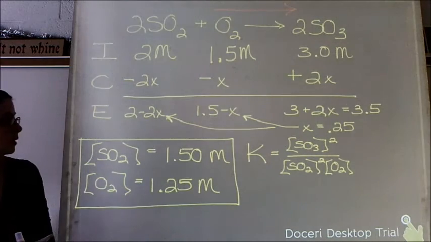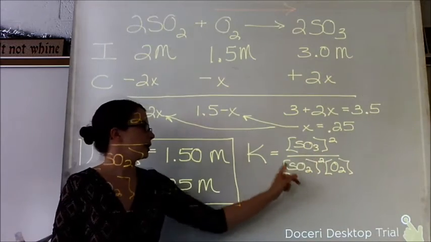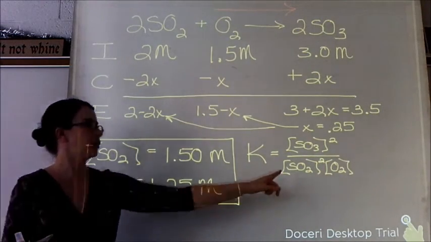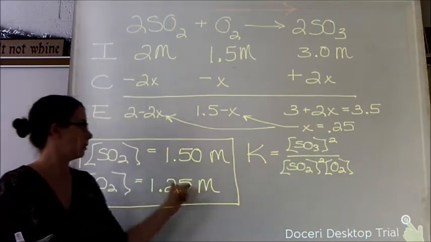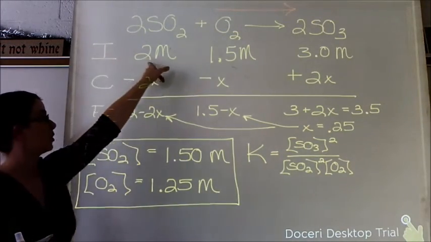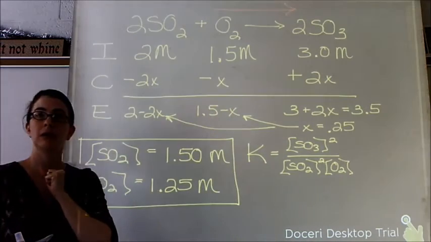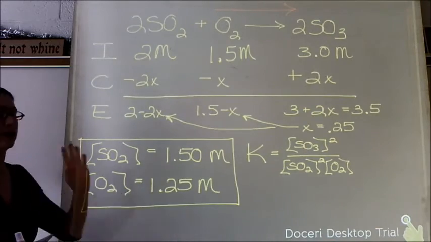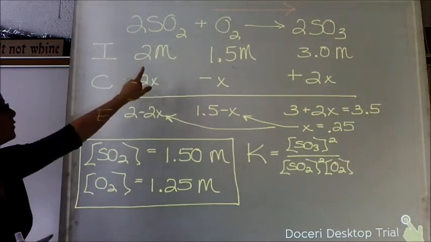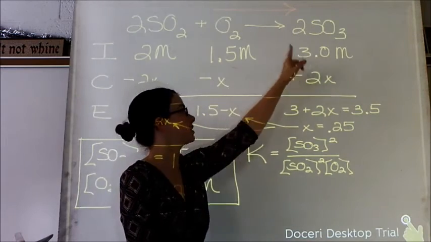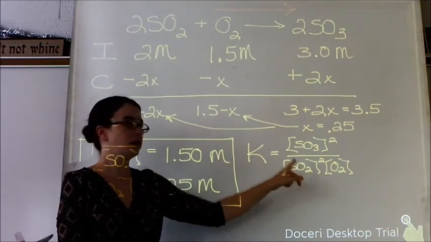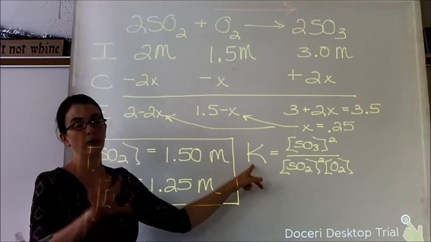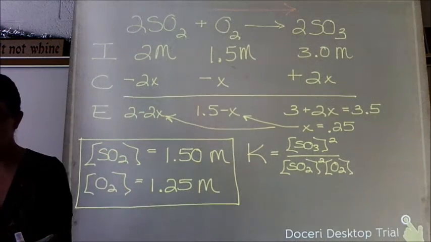Okay. I need these molarities to find K. Now, be careful. Which molarities should I plug in here? These or these? Yeah, your equilibrium molarities. If, and just stop for a second, if you took this number and plugged them in, what would this be? It wouldn't be K. Equilibrium quotient. Yeah, well, reaction quotient. Yeah, it would be Q. All right?